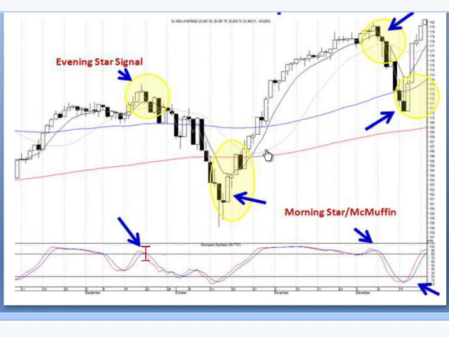If we're using stochastics in the overbought condition and we see a sell signal, downtrend. Stochastics in the oversold area, morning star signal, uptrend. Sell signal and a close below the T line, downtrend. Bullish engulfing signal, back up above the 50, stochastics in the oversold.